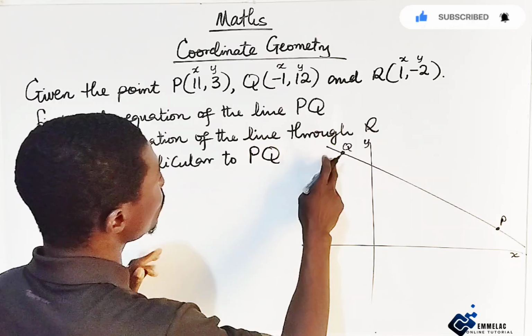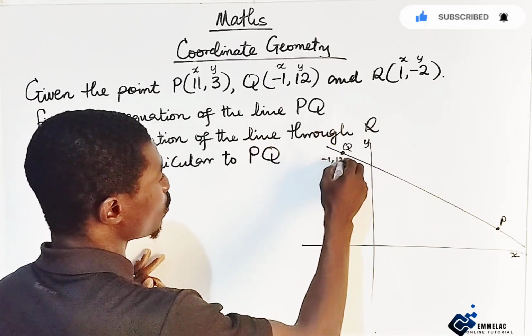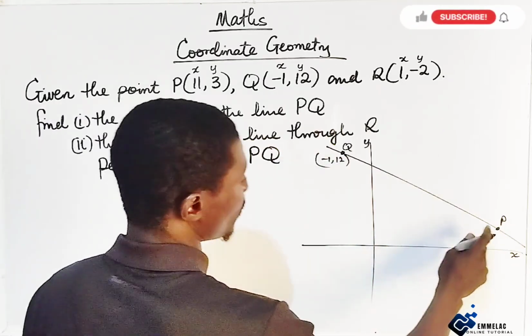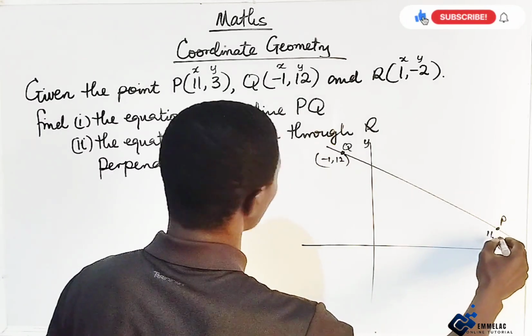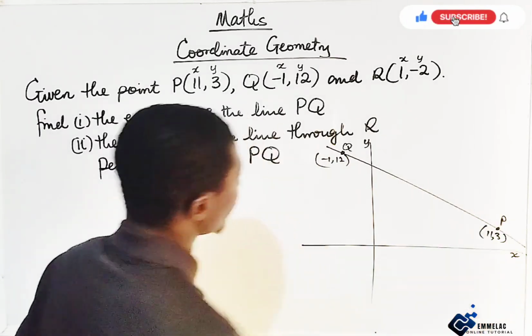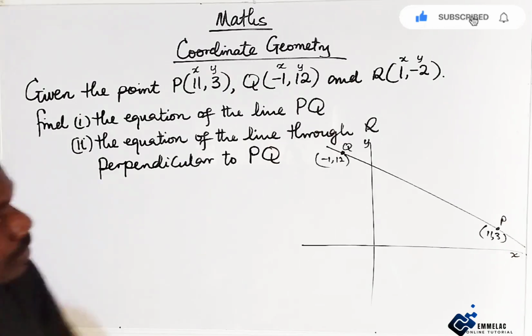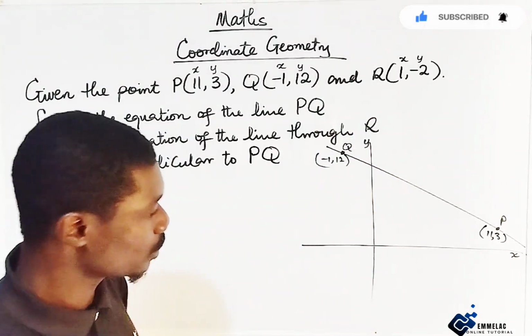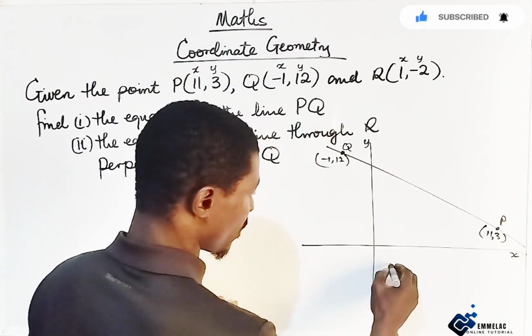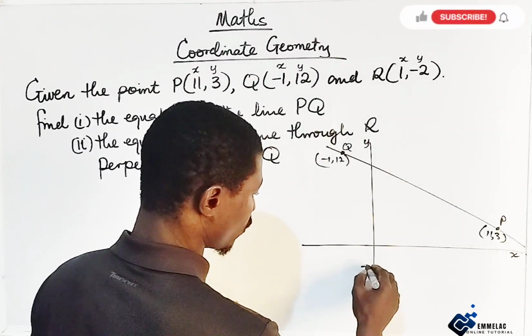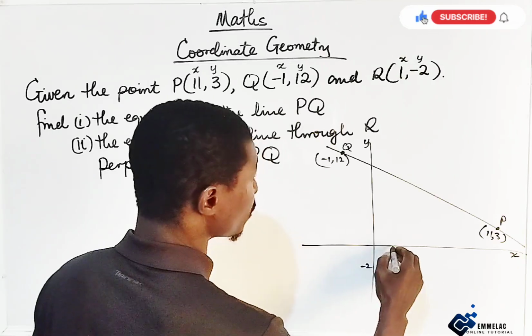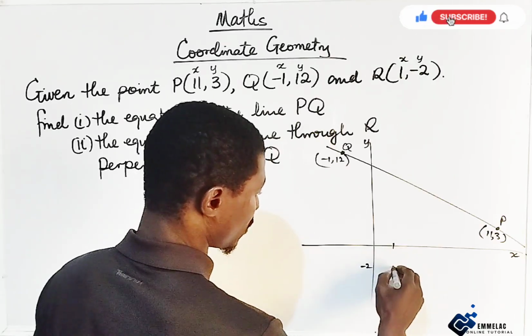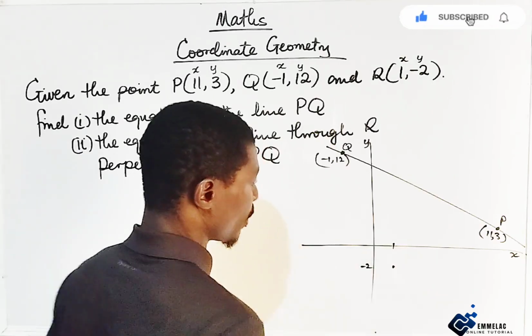For Q you have negative 1 and 12, and for P we have 11 and 3. Now R is 1 and negative 2, so let us say it's somewhere around here. This one should be negative 2 and this one should be 1.